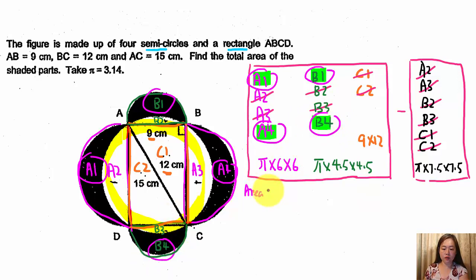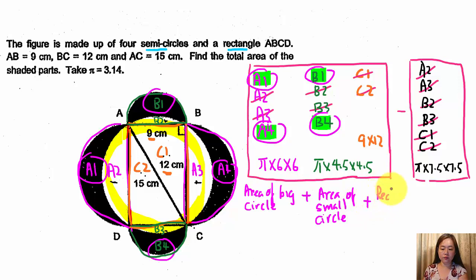Area of big circle plus area of small circle plus rectangle area minus area of the white circle.